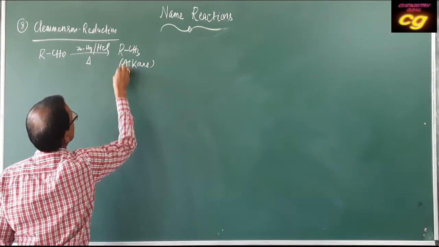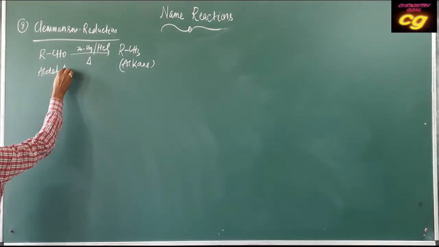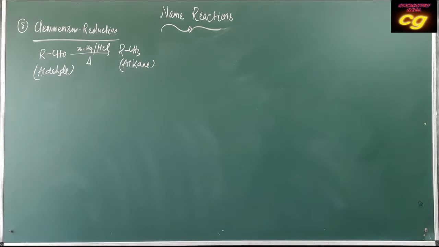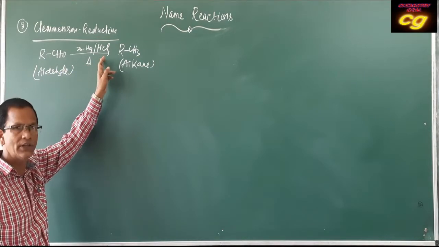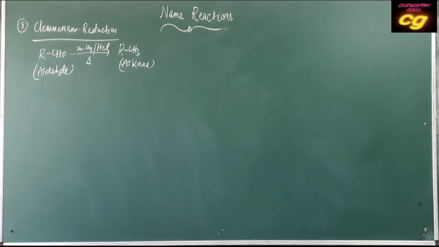This is very important. This is your aldehyde. Aldehyde or ketone, not only aldehyde. Aldehyde or ketone will be reduced by zinc amalgam and concentrated HCl. On heating, the product is an alkane. This reaction is called Clemmensen reduction.